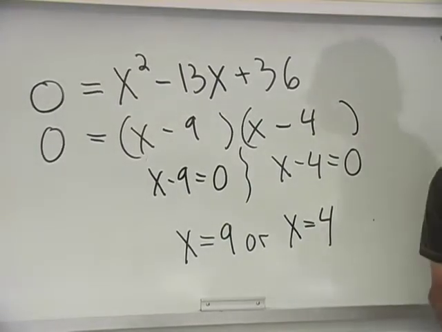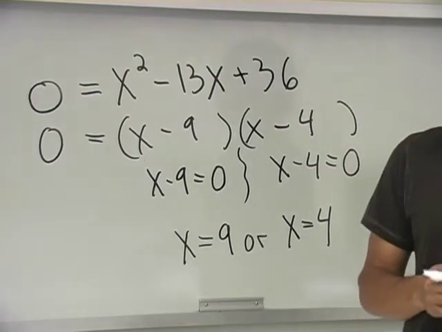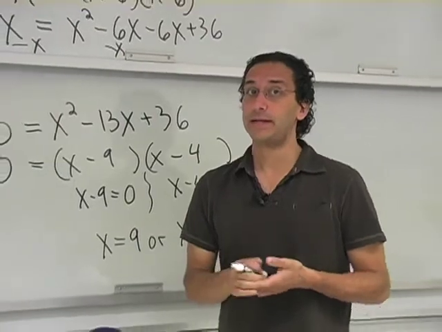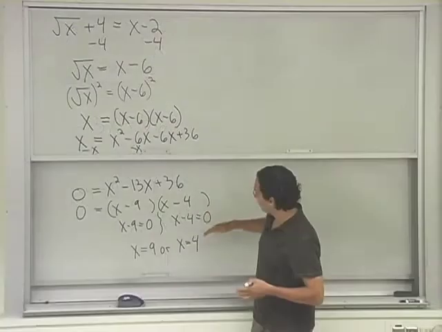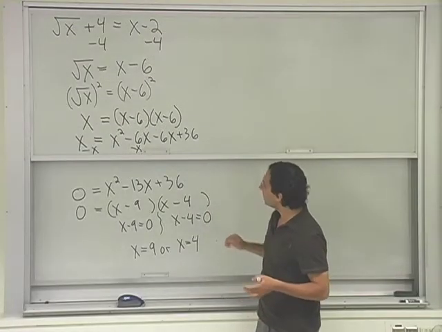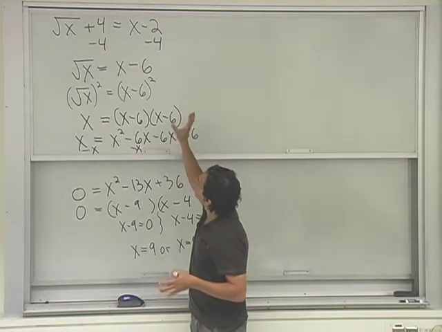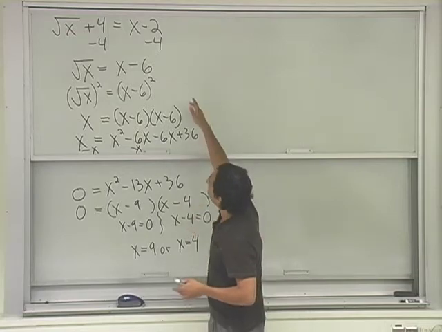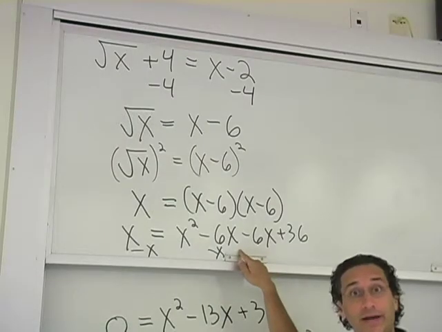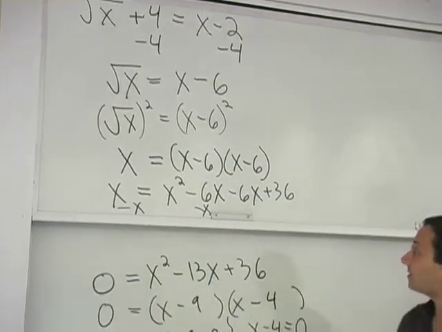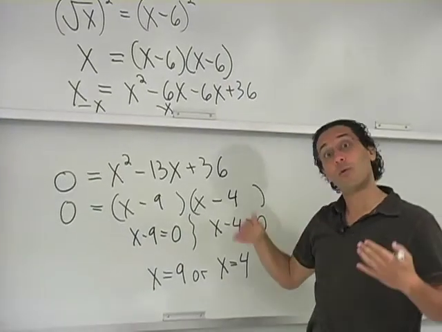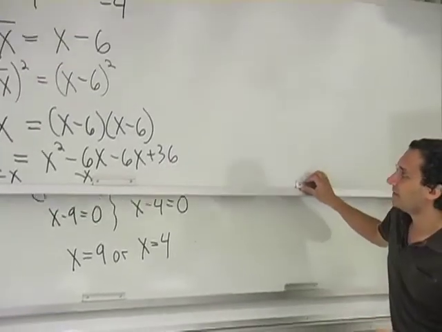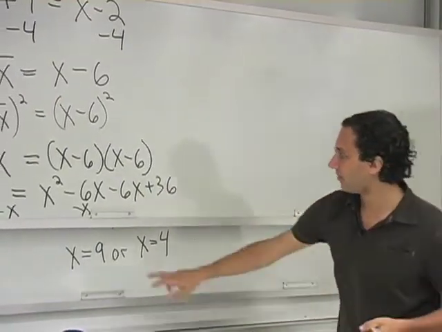But you have to be a little bit careful with square roots, because with square roots, for example, you can't take the square root of a negative number. So you have to double check that these guys actually work. In other words, our first equation was a radical, was a square root, but we transformed that equation into a quadratic. These guys solve the quadratic, but may or may not solve the radical. So let's take a look, see if one, both, or none of those guys work.